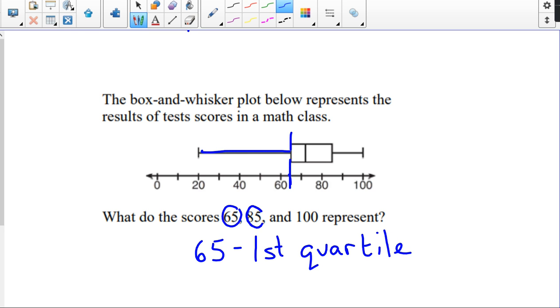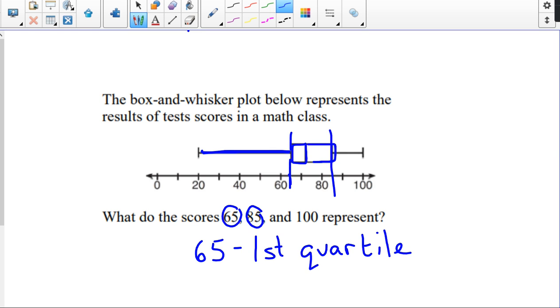Next, 85. 85 is over here at the end of the box. That's the third quartile. The box and whisker plot is divided into fourths. This represents the first, lowest quarter of the scores in the class. This first half of the box represents the next quarter of the scores.